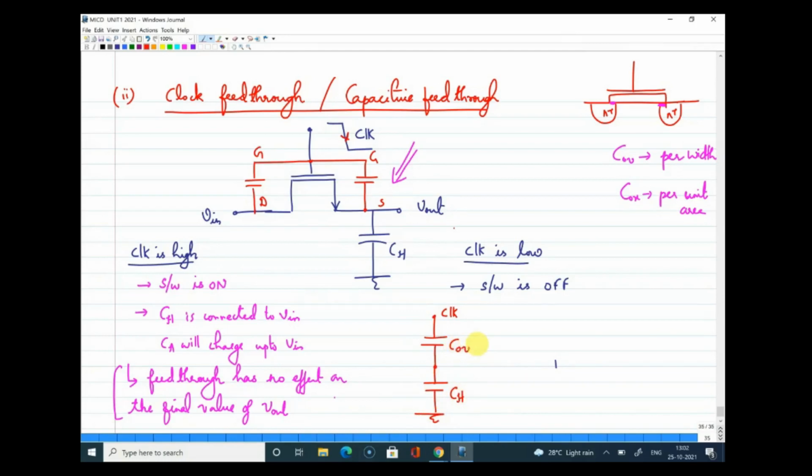Since there is a voltage available at the gate and there are two capacitances here, some voltage will be injected to the hold capacitor as a result of the capacitive voltage division. So when the switch is off, there is a capacitive voltage divider.